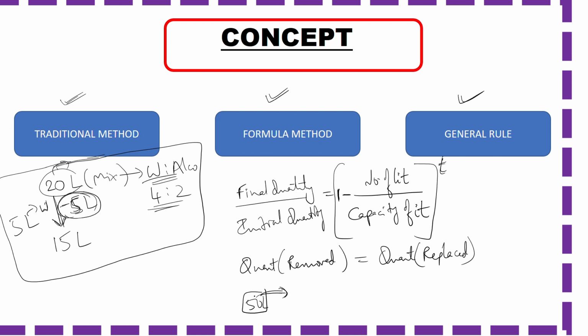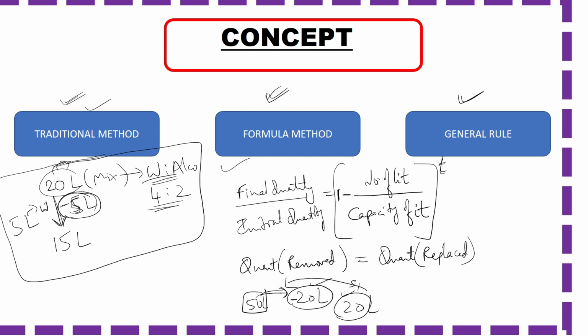So from this 50 liters of mixture, 20 liters of the mixture is removed and 20 liters of water, or let's say a spirit, is added. Okay, so here if you observe 20 and 20, this quantity is same. So whenever this quantity is same, we can apply this formula. Okay, we can also solve by this traditional method, but if this is the case, formula is easier to calculate. With the formula we will get the answer within no time.